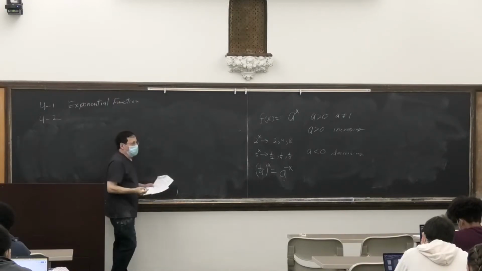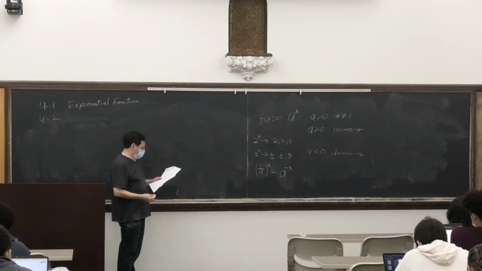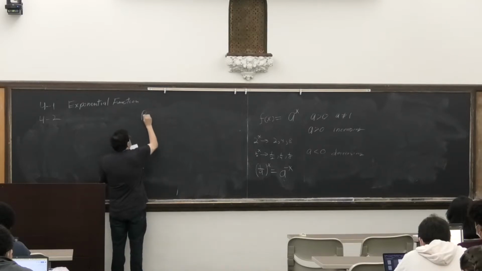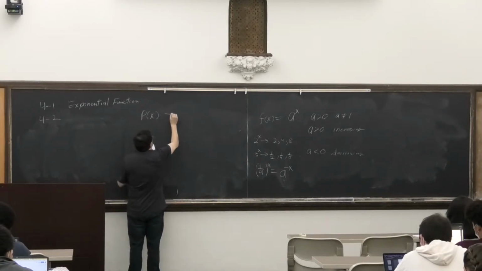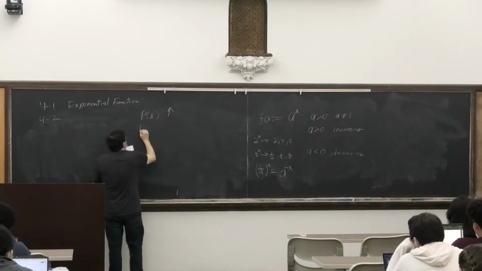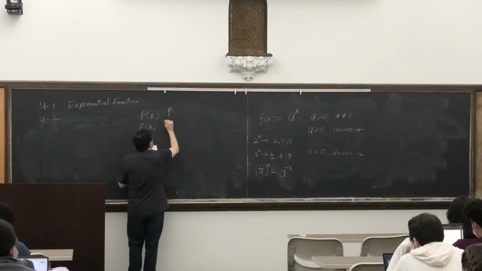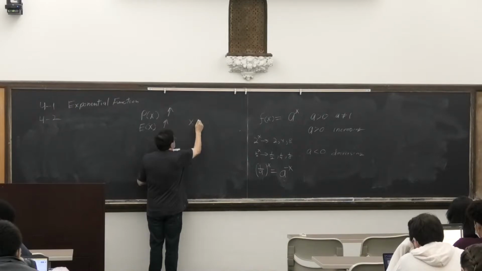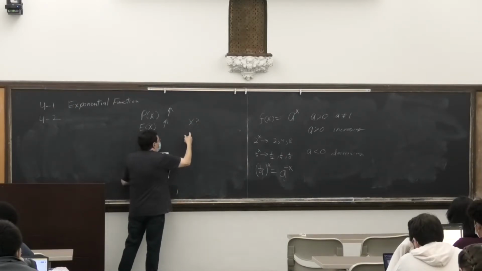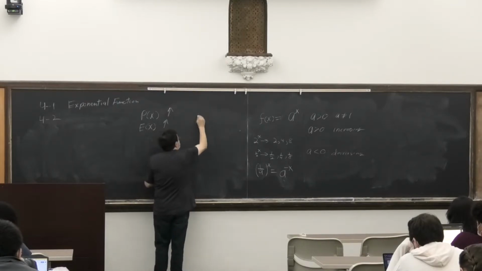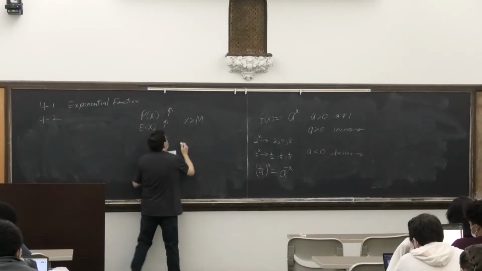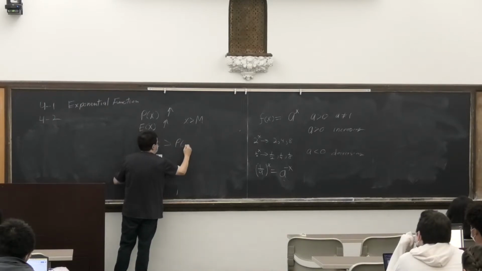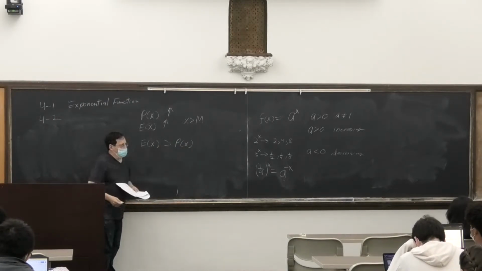There's something kind of insidious about exponential functions. If you have a polynomial function that's increasing, and an exponential function that's increasing, there's always going to be some x, I'm going to say m, where if x is greater than m, the exponential function is greater than the polynomial function.